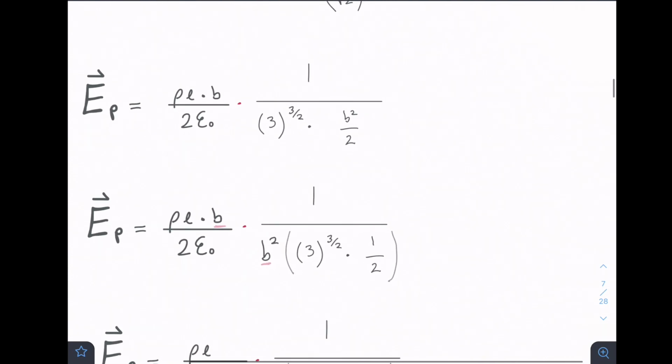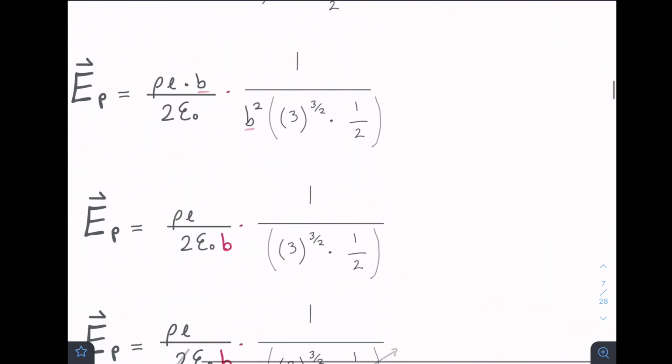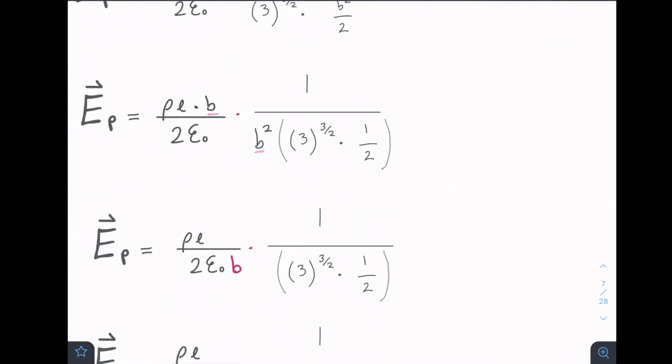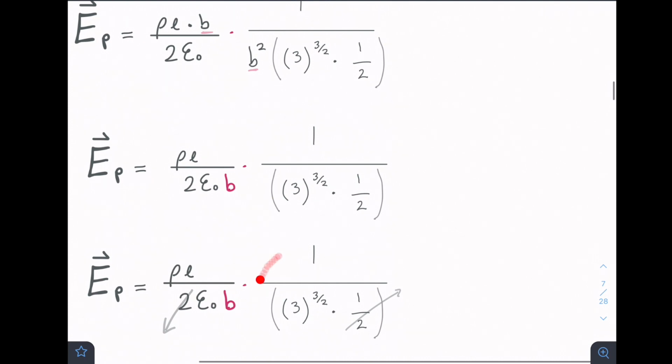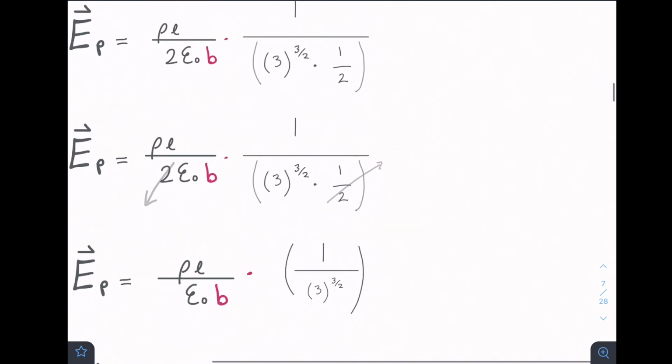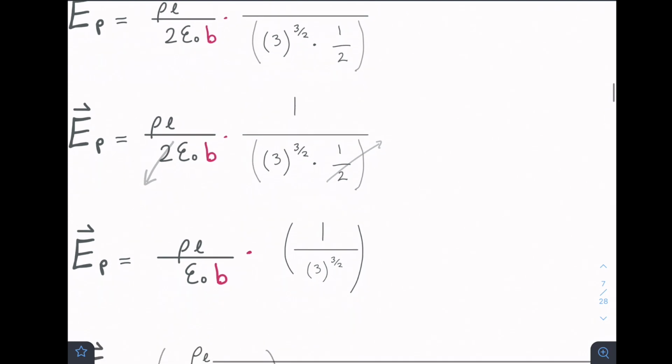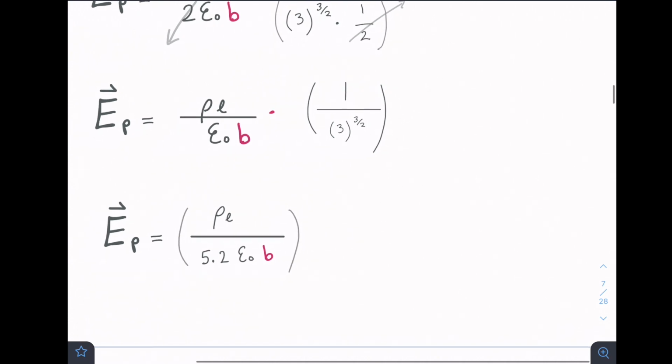And then we are going to pull our b squared to the outside, and because of this b on top from our first part, we're going to simplify so that we just have that b in the denominator, and then this whole part is just going to be a number. So we can either plug that into a calculator or do some more math magic here, because we have 2 and 1/2, etc. And so in the end, we're going to end up with this as our maximum E field value.